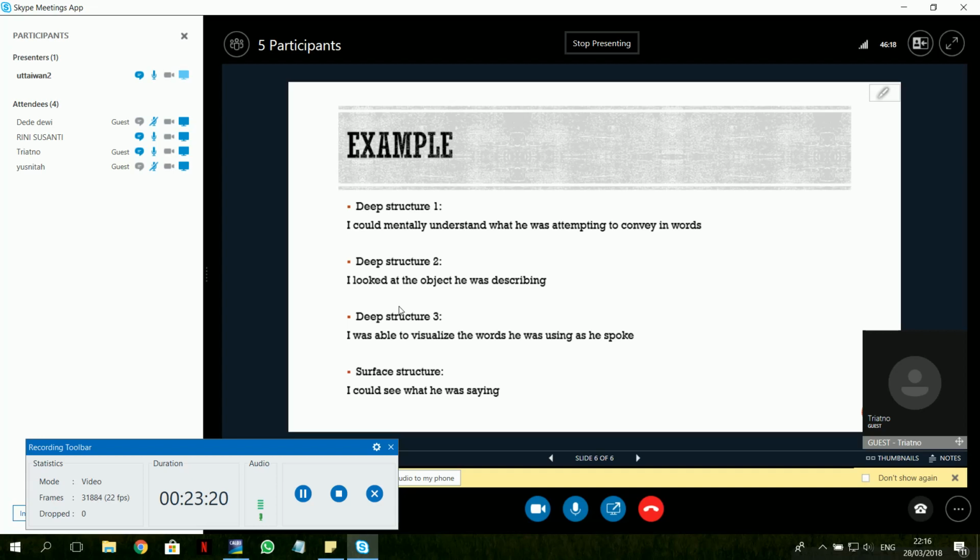Tapi cara ngomong yang pertama itu I could mentally understand what he was attempting to convey in words. And another surface structure number 2, I looked at the object he was describing. And surface structure number 3, I was able to visualize the word he was using as he spoke. Intinya adalah the deep structure is I could see what he was saying. Aku paham apa sebenarnya yang dia omongkan. Intinya itu. Thank you for correcting.